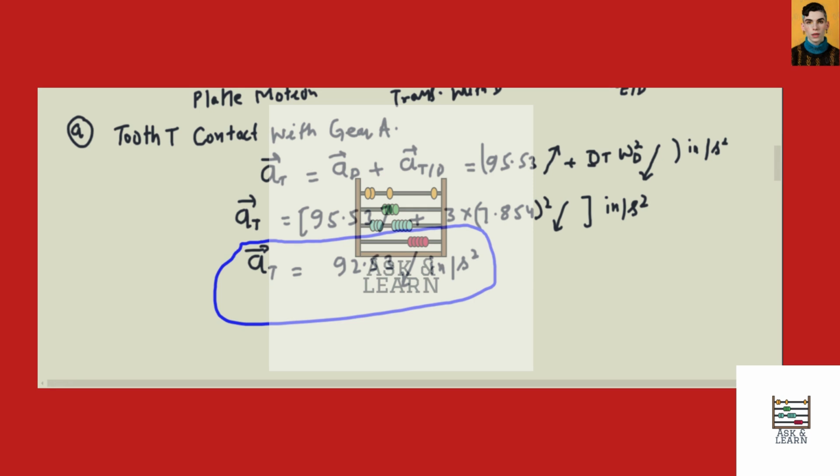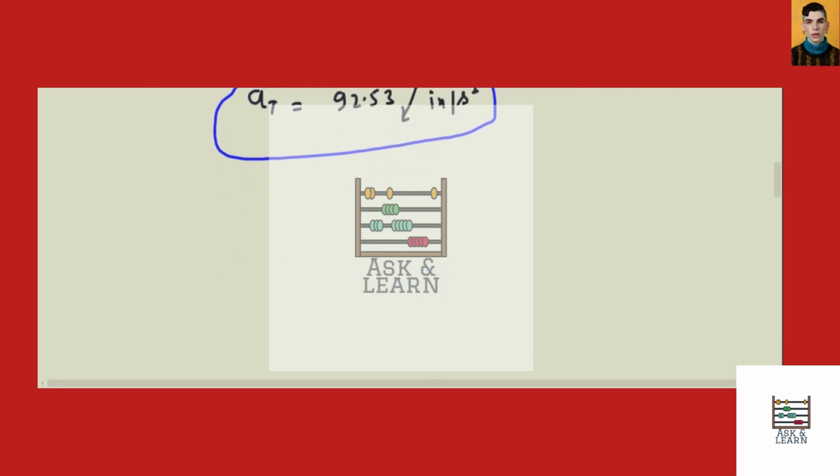Now we have to find the tooth in contact with gear E, the B part.